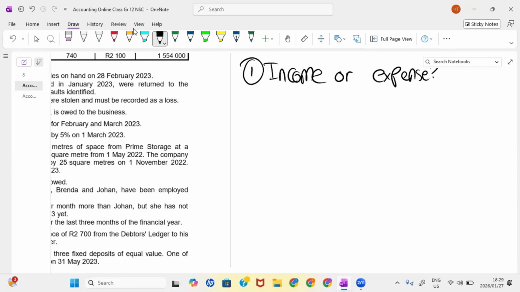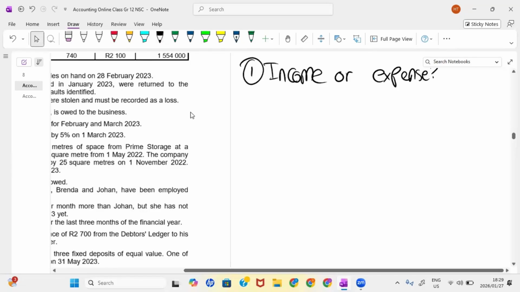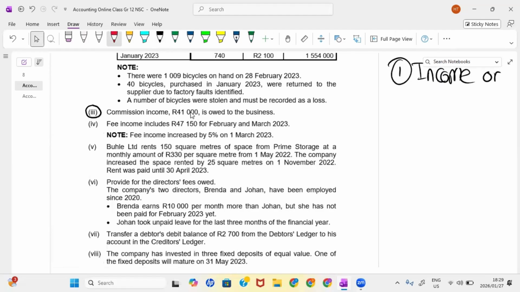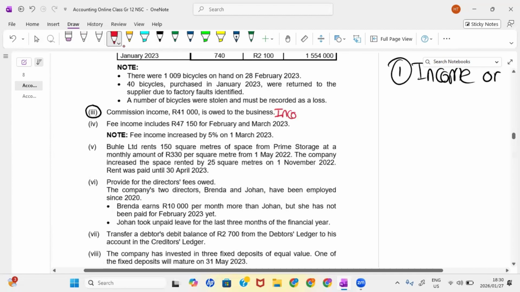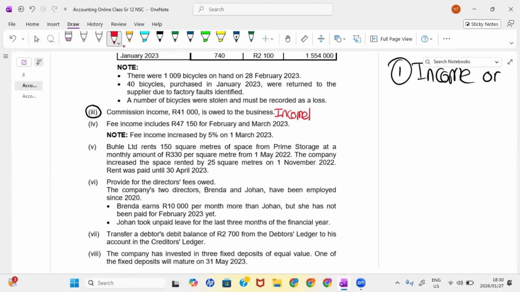And then, obviously, here it's clear that it's income, because they already told us it's commission income. And then let's see what is happening. Commission income is owed to the business, right?